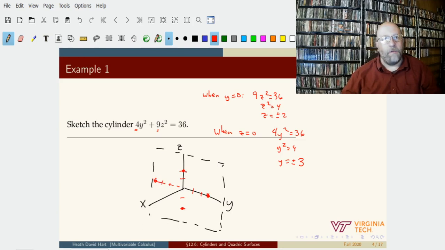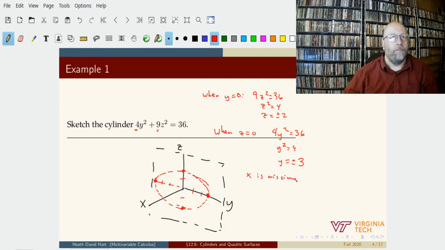And so we have in the yz plane an ellipse that goes around like so. And since x is missing, this ellipse can travel in the x direction forever, and we just get copies of that ellipse in the x direction.